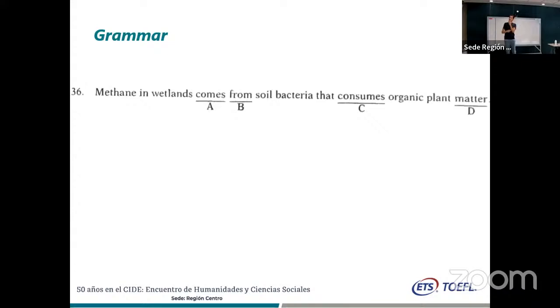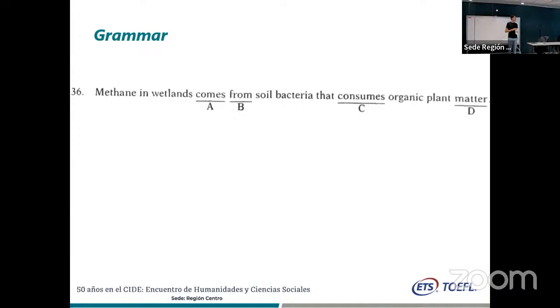Here, I just chose an example where you have to know vocabulary too. This is methane, which is a material in wetlands, in los pantanos, comes from soil bacteria that consumes organic plant matter. And I read this like, what? What is this?